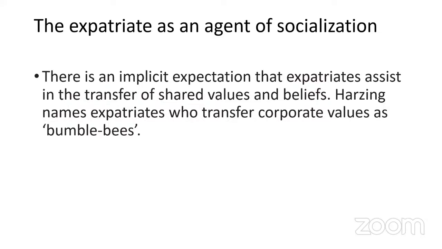So there is an implicit expectation that expatriates assist in the transfer of shared values and beliefs of the headquarters. The writer Harzing names expatriates who transfer corporate values as bumblebees.